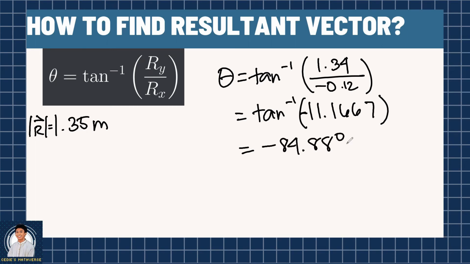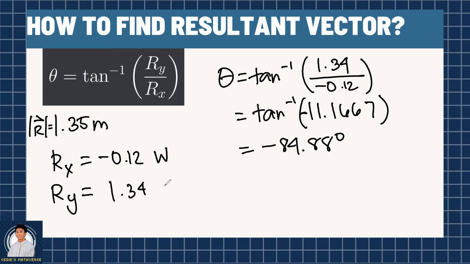negative 84.88 degrees. Considering the dimensions earlier, we know that the resultant component x is negative, which means that it is west. Then the resultant component y is 1.34, which is positive, so it goes north. This means that our theta is 84.88 degrees northwest.